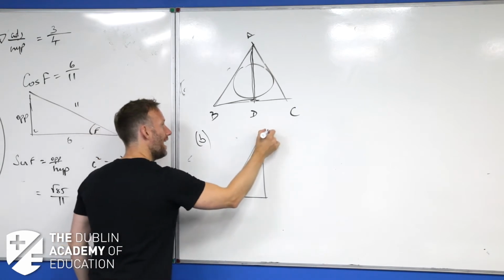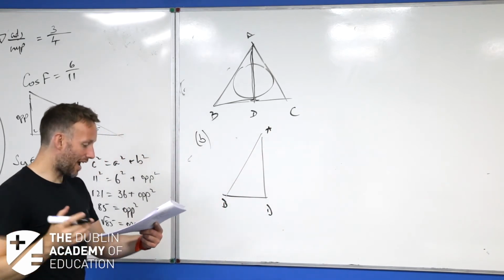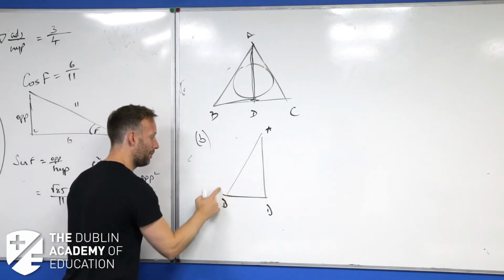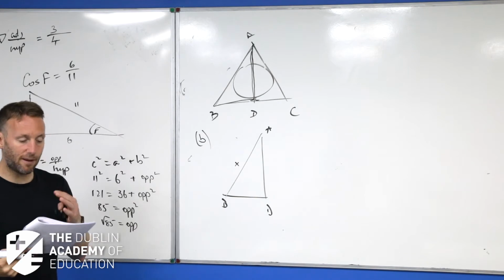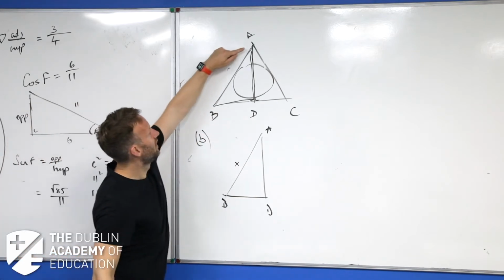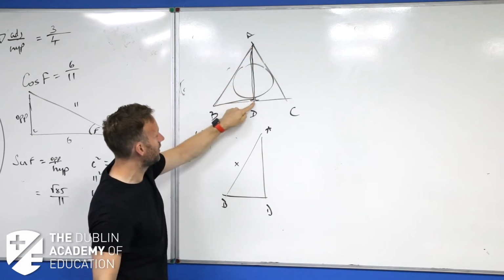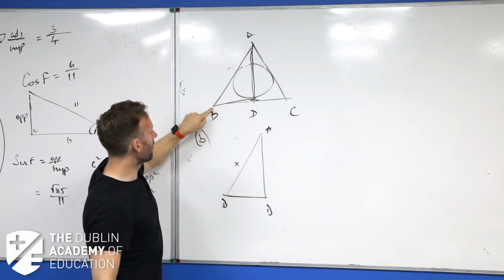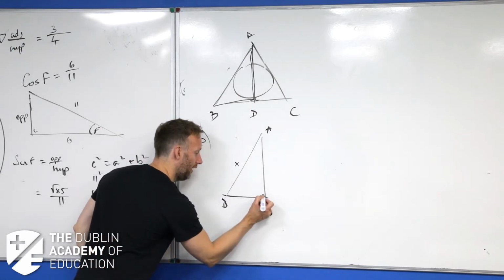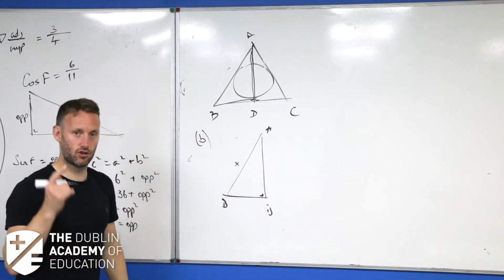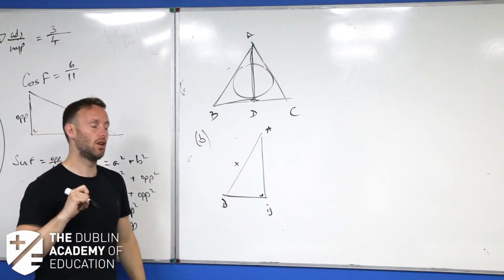So we've got A, D, B, and the examiner wants us to find A to B. I'm going to call that X. Now, what other information do we know? He told us that AD is perpendicular to BC. There's our right angle triangle. That's our trigonometry, our Pythagoras or sin cos tan.